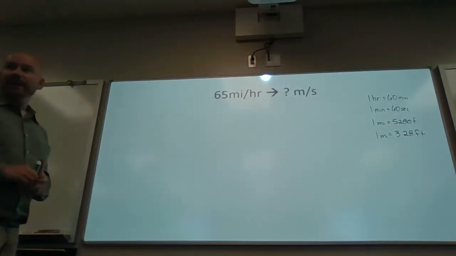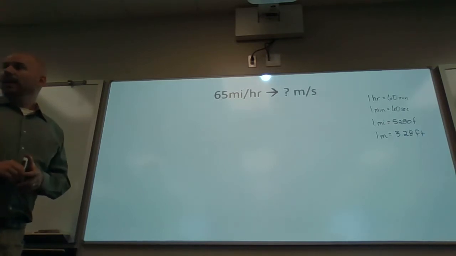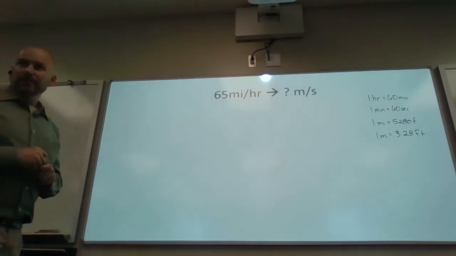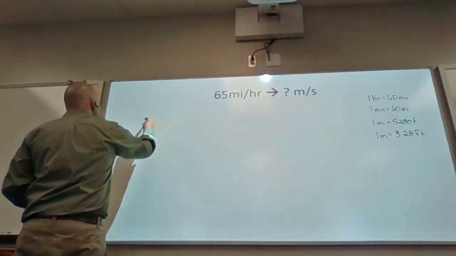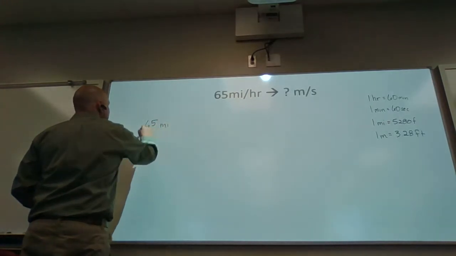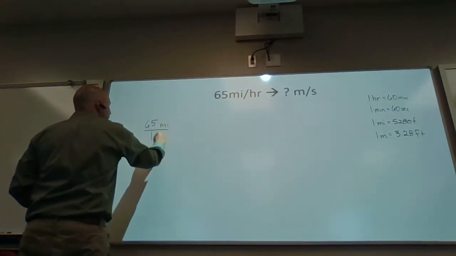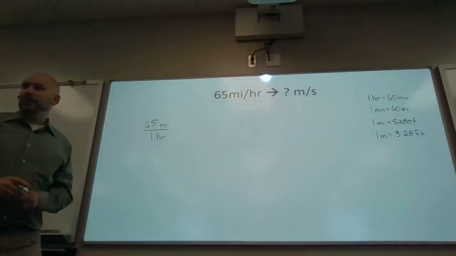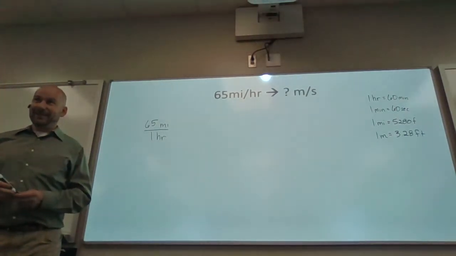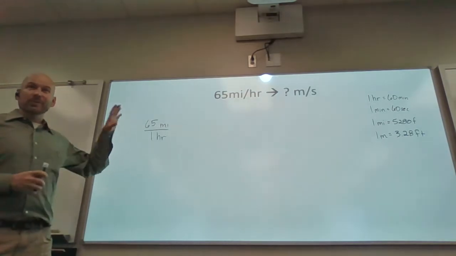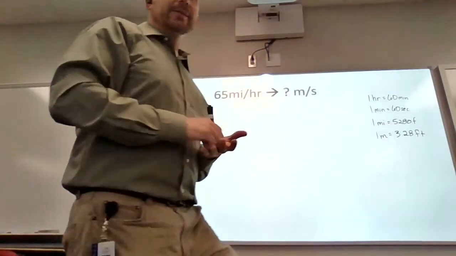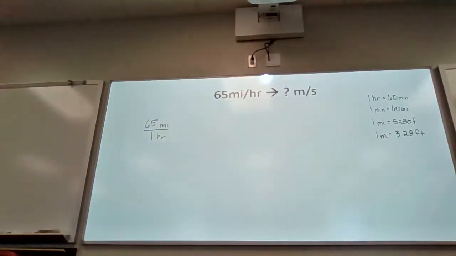All right, I'm going to set it up, but then I'm going to give you a head start. 65 miles per hour. You see how I did that and why I did what I did. It's a really helpful first step. Okay, I'm going to give you a head start. See if you can beat me.